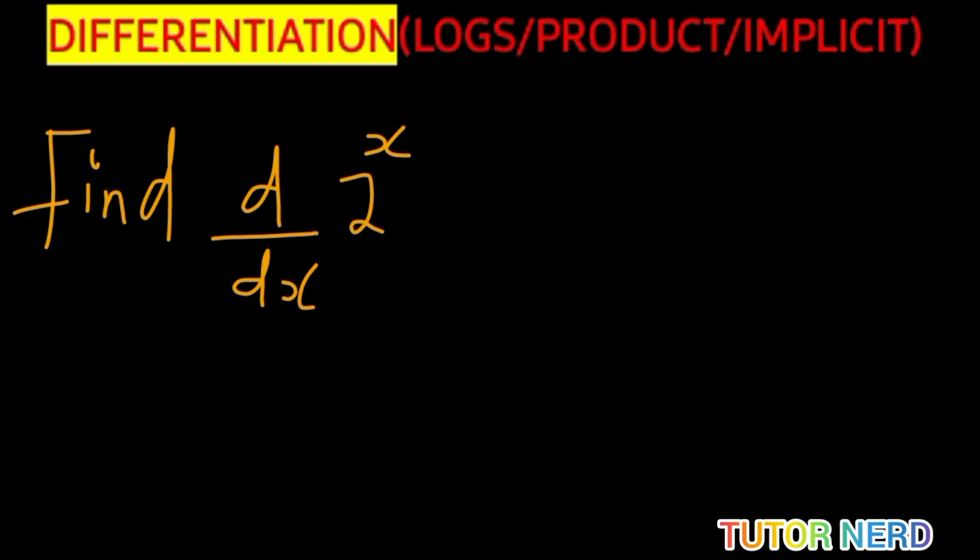So basically what it means when they say d over dx, this simply denotes that the value we are finding is for this. We know that the function 2 to the power x is not defined by y being equal to 2 to the power x, but it is independent on its own.